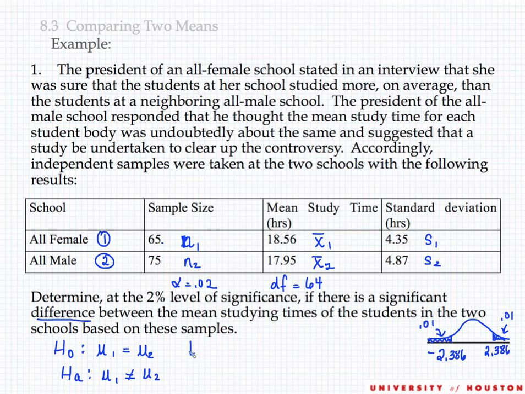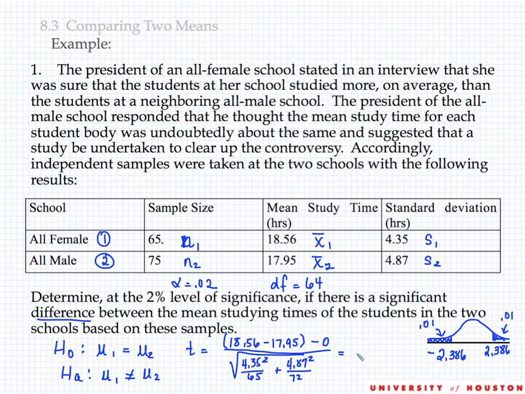Our test statistic will be X bar 1 minus X bar 2 minus the difference in the population means, which will be 0 since we're assuming them to be the same, divided by the square root of S1 squared over N1 plus S2 squared over N2.